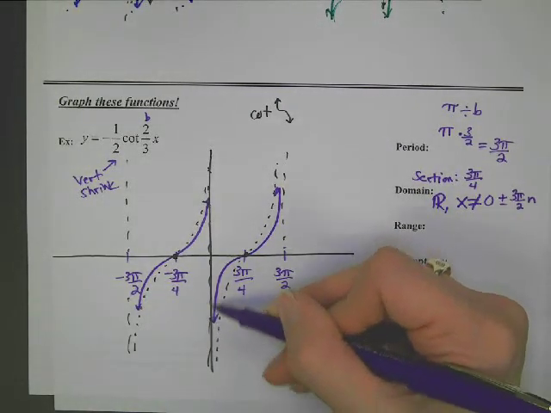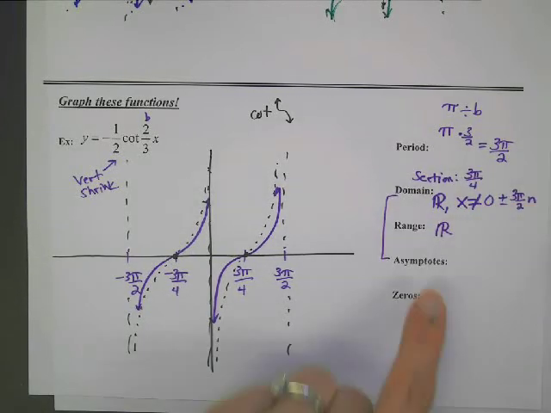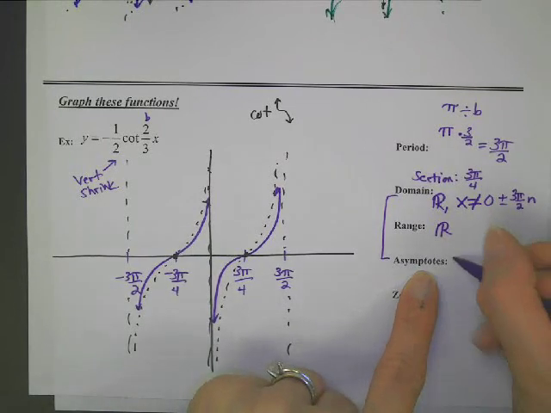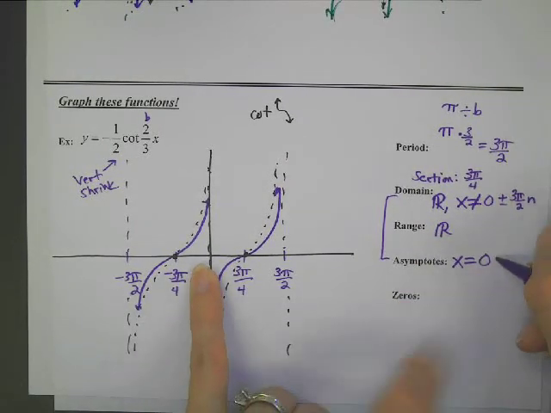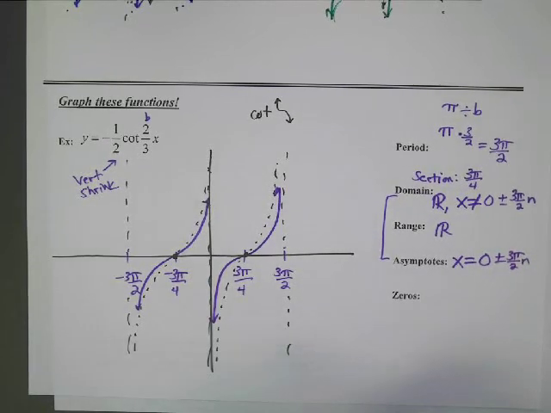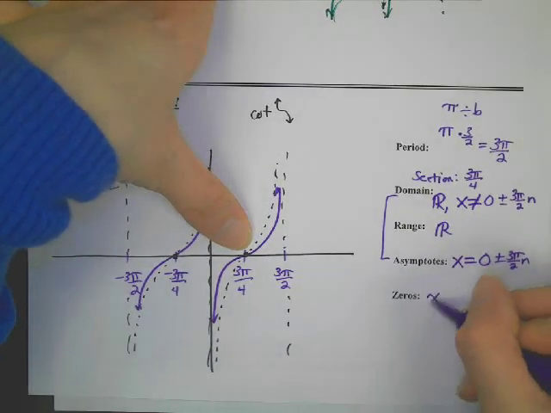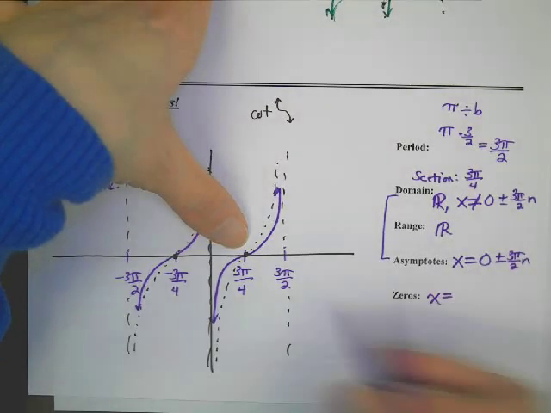How about the range? The smallest y to the biggest y, all reals. And remember how domain is related to asymptotes? Where are the asymptotes? Well, they're at 0 plus or minus 3 pi over 2n. Okay, now zeros are not related to them. Zeros are the points where it touches the x-axis. So they do have some, but we have to say this a little differently.